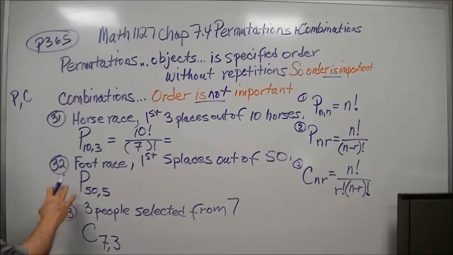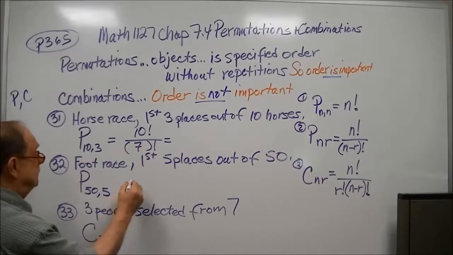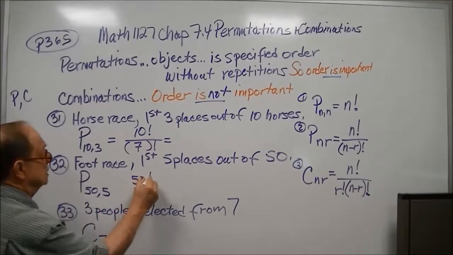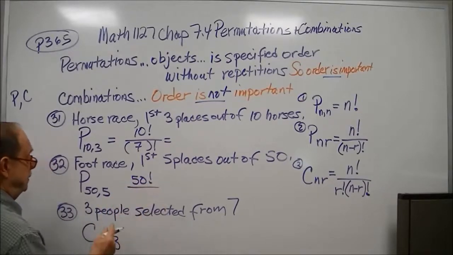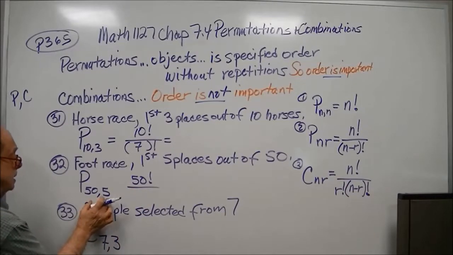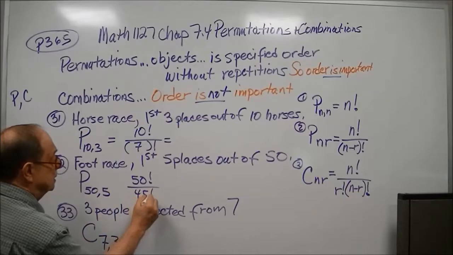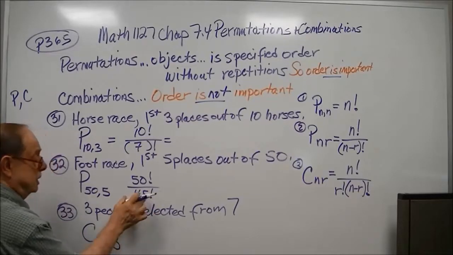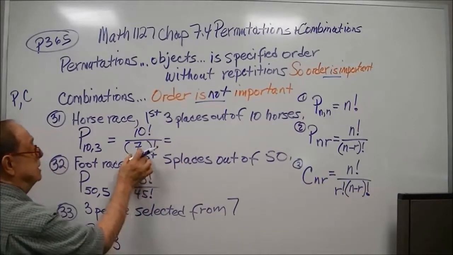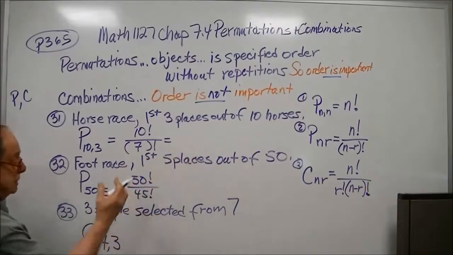All right, for our foot race, again, we're going to use formula 2. We have 50 for our number, and then we're going to subtract 5 from 50 to get 45. And you can put it in parentheses like I did over there, or just like that.